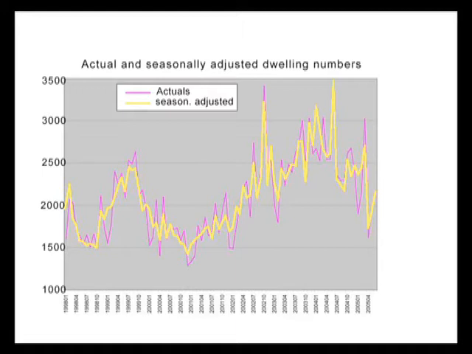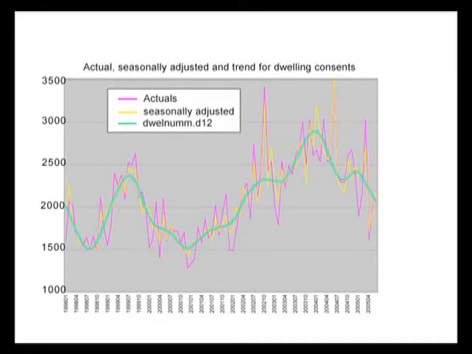How you choose or how you identify a turning point in this series is you use the trend. Now, if you look at the trend, you can see that it is going up and up and up and up even higher, and that is when the Reserve Bank kept on putting the interest rates up because they wanted to slow the economy. They thought that the economy was growing too fast and they wanted to slow it down.